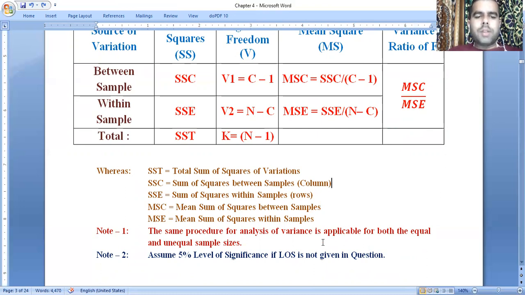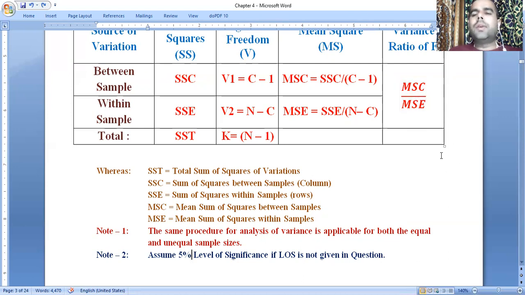Assume 5% level of significance if LOS is not given in the question. LOS indicates 5% or 1%, and this should be applied at the end of the problem. After inserting all the values, you calculate MSc by MSc.